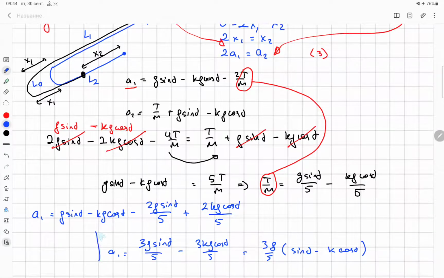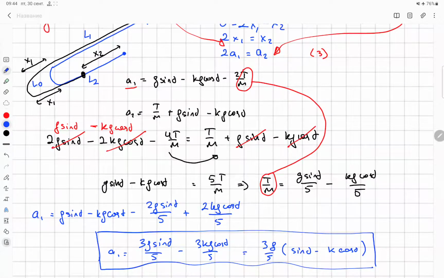This is a1. a2 equal to a1 times 2. So we will assume that a2 is already given, or we found it already. So a1 we found, so a2 is not a problem.